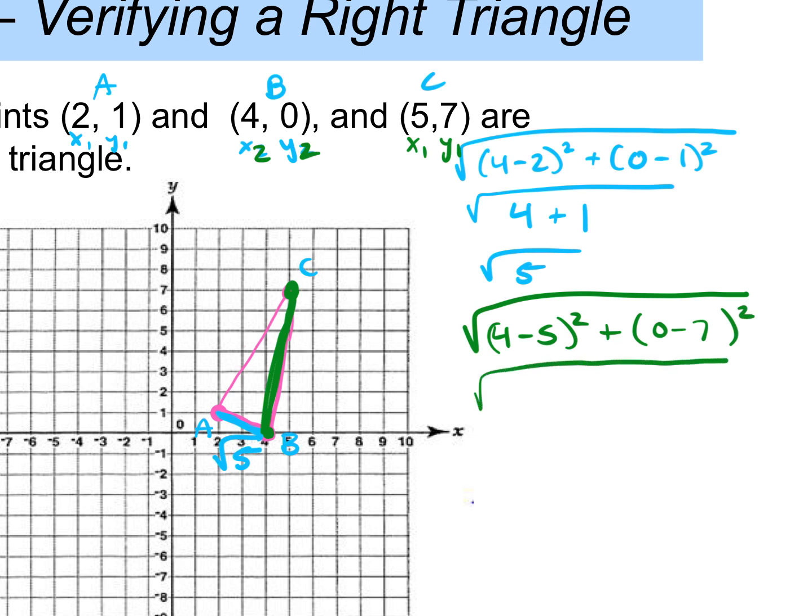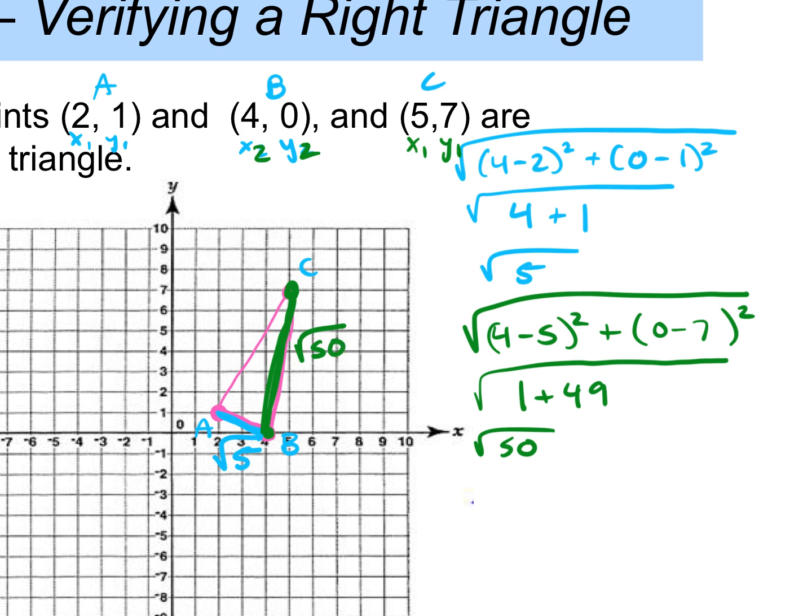So 4 minus 5 would be -1, and -1 squared is 1. 0 minus 7 is -7, and -7 squared would be 49. So 1 plus 49 would be 50. So here we have the square root of 50.